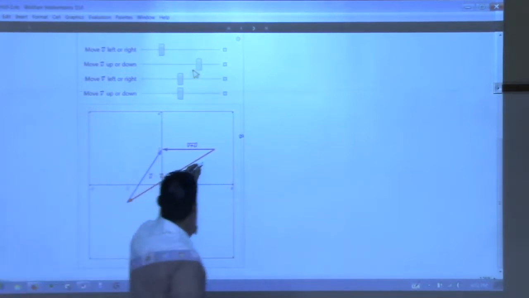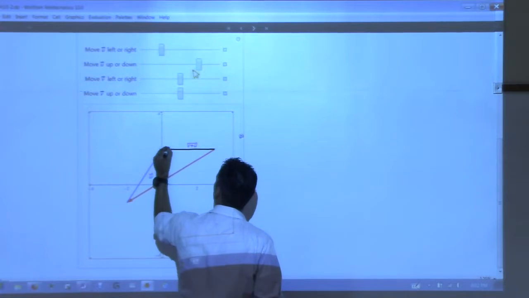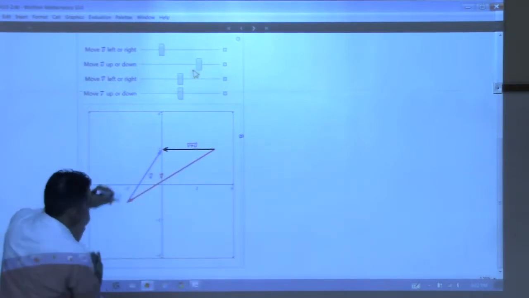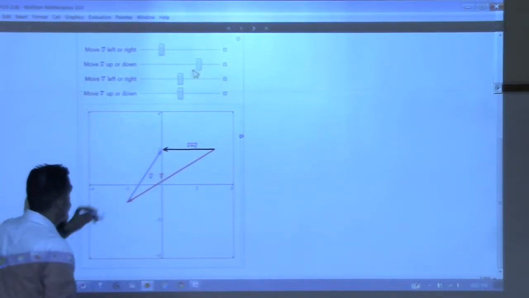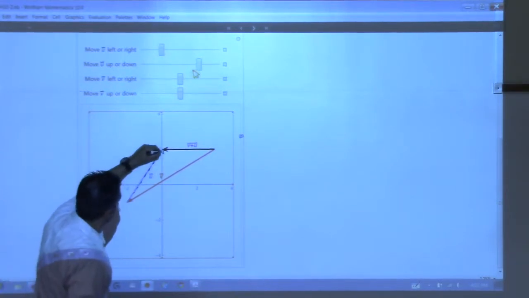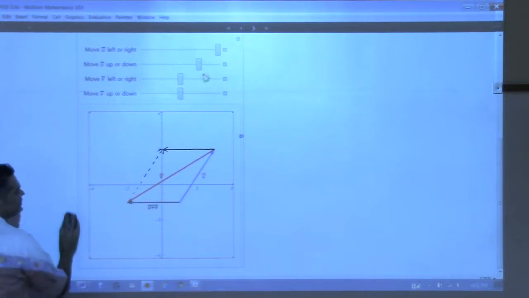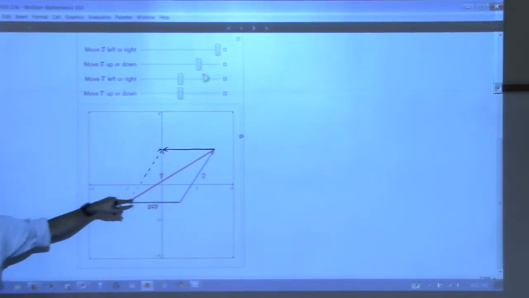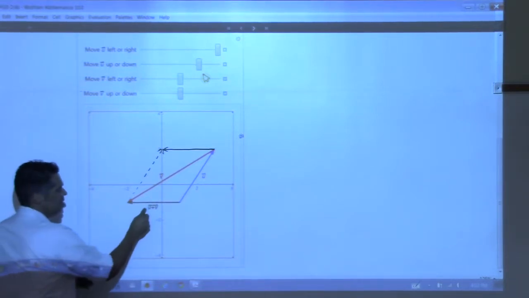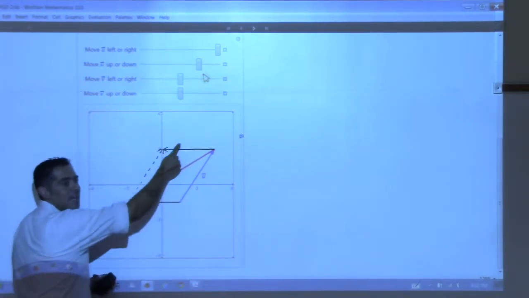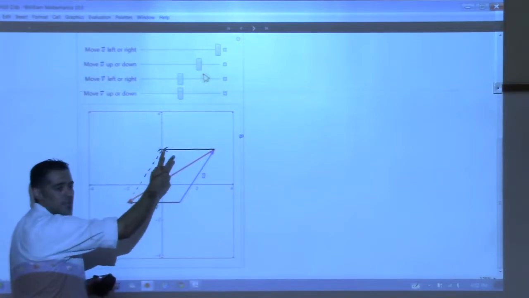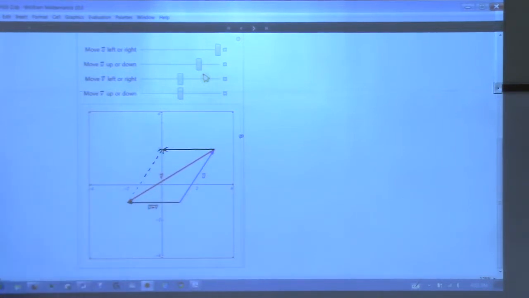So I'm going to draw this one here so it doesn't move. Do you see we have a parallelogram? So when you add 2 vectors together, u plus v is the same as v plus u. Doesn't matter the order. So we have a commutative property of vector addition, and visually it draws parallelograms.